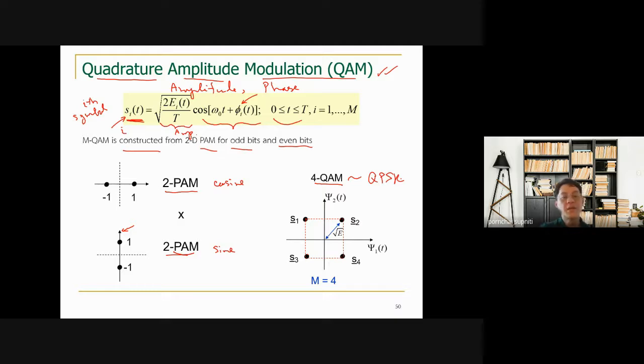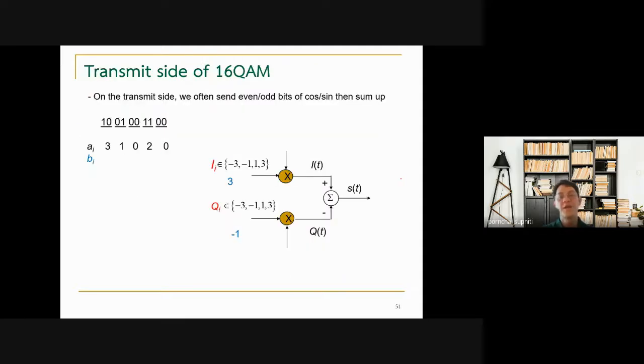So let's take a look at a more advanced type of QAM. Like I mentioned, for QAM, we often use it for high data rate. Therefore, M is always greater than 2 when we use it. First, let's take a look at 16 QAM. So for 16 QAM, M is 16.